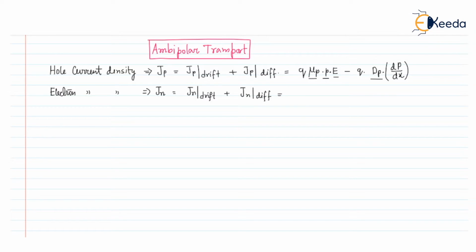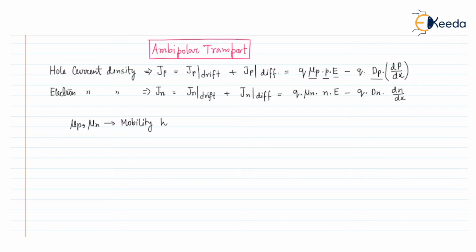This can be written as Q times mu n times n times E minus Q times Dn times dn by dx.